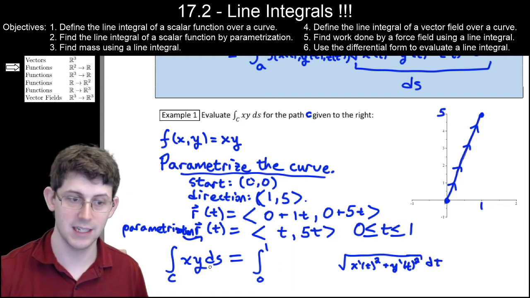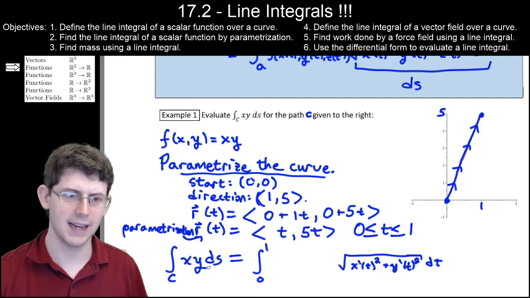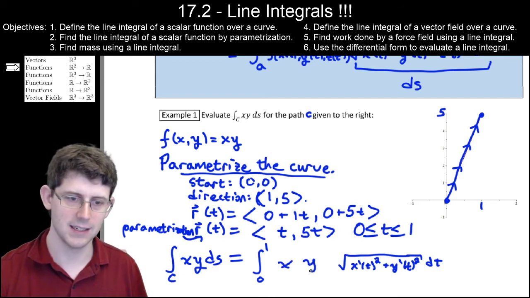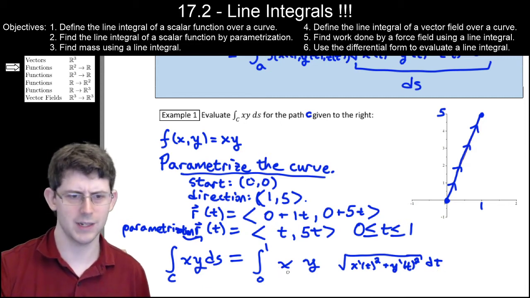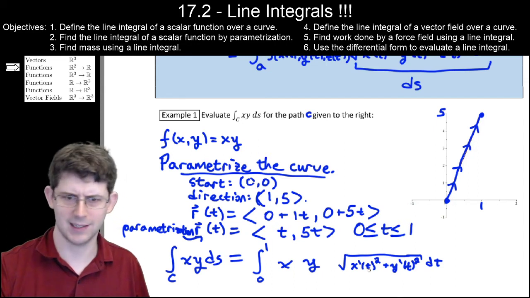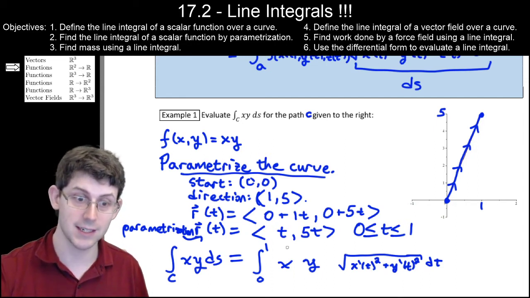So I've changed ds into the form that's useful, that has dt in it. And then xy, I'm going to have to figure out how to deal with that. So I got the t bounds in here, and I got dt here. Now I go, wait, what's x, and what's y, and what's x prime, and what's y prime?